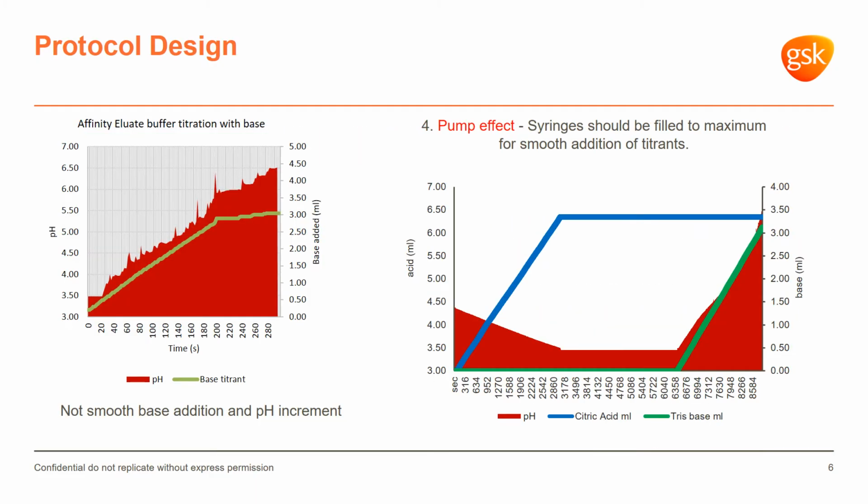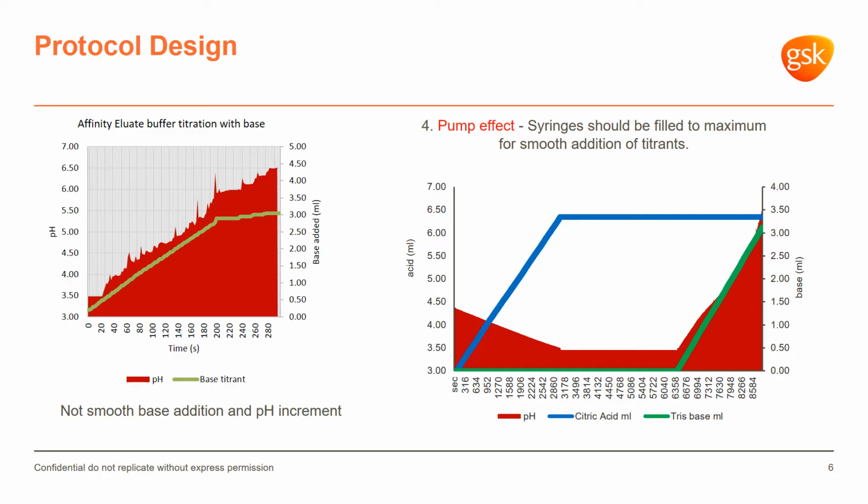Then moving on further into protocol design, the next step for us was to do a test run using the affinity elution buffer. You can see on the left hand side, the base titrant addition rate and the pH response is really choppy. This is not acceptable for the study that we were planning.